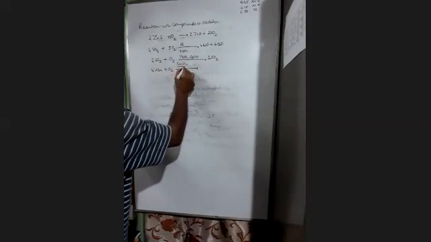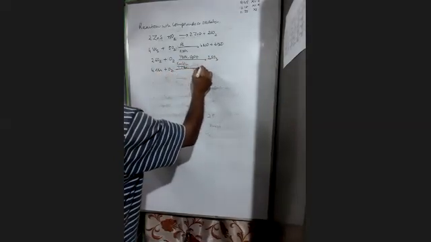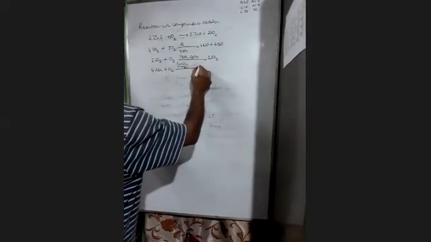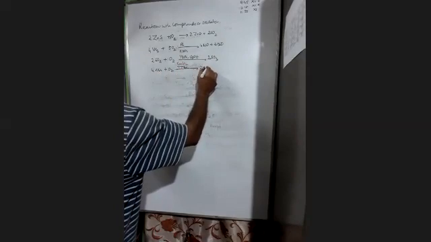If you have taken HCl and O2, with cupric chloride as catalyst at 773 Kelvin, it will give you 2H2O plus 2 chlorine. All these things you will get.